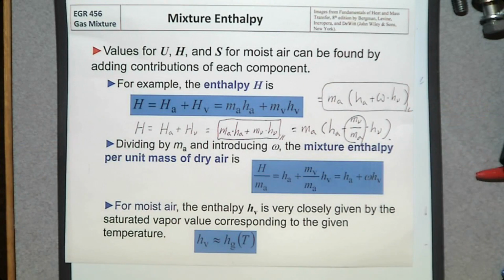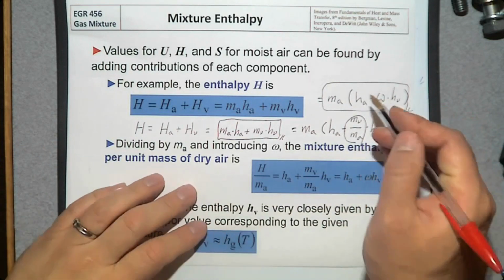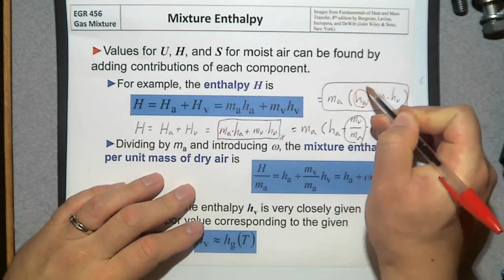Then how do we determine each specific enthalpy? It's simple. Previously, this H is for a mixture, so we cannot directly determine the mixture property. But if you separate into two, then now you can determine this lowercase h, because this one is dry air only.